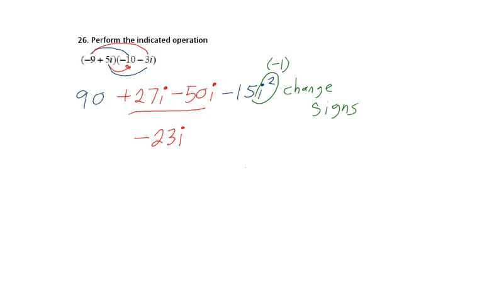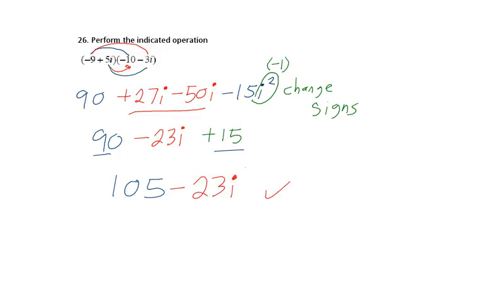It changes negative 15 into positive 15. As for 90, well, 90 is 90. And what can happen is the 90 and the 15 can add. So you get 105 minus 23i. And that's it.